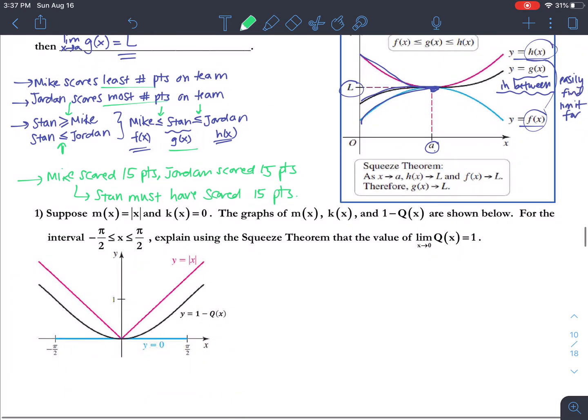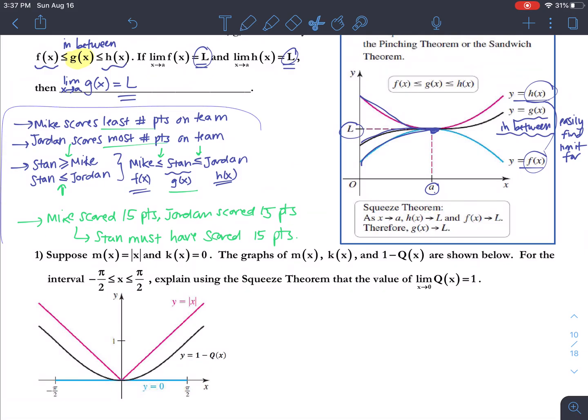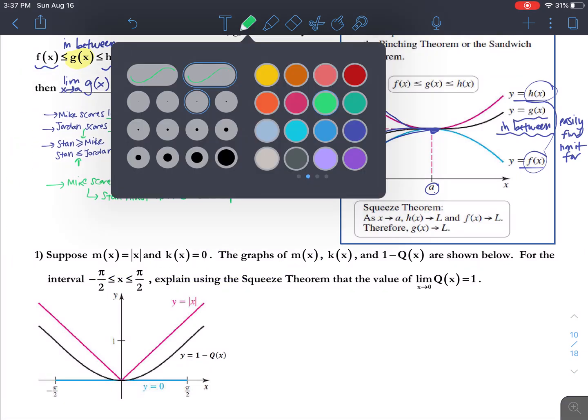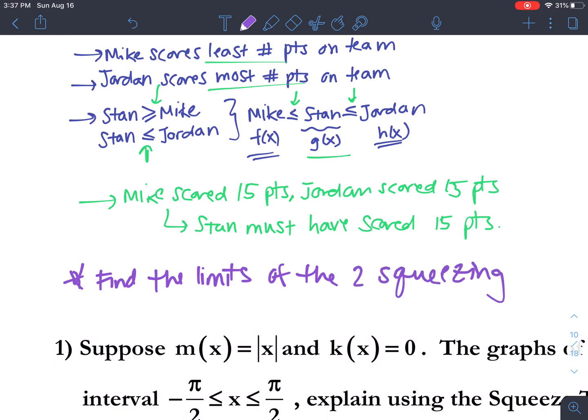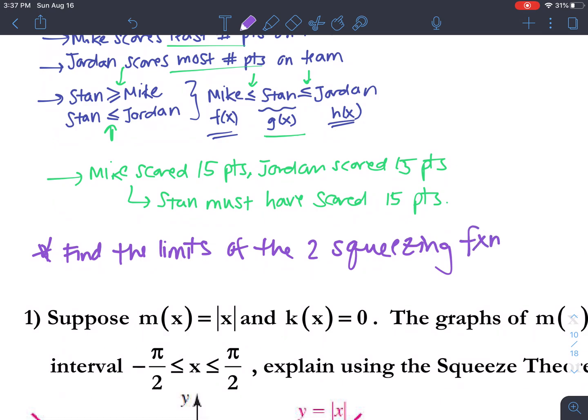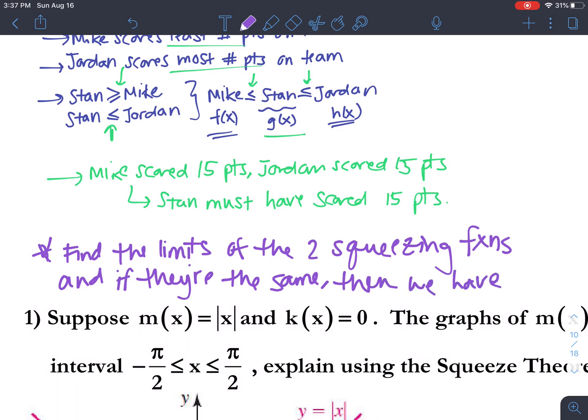Okay, so how we're going to do this here, I'm going to shrink this down. Sorry, I'm writing so much in this little area. We're going to find the limits of the two squeezing functions, f(x) and g(x), and if they're the same, then we have the limit of our middle function.